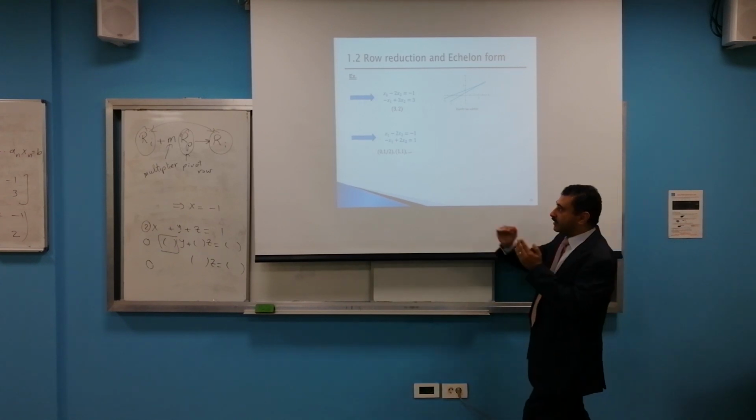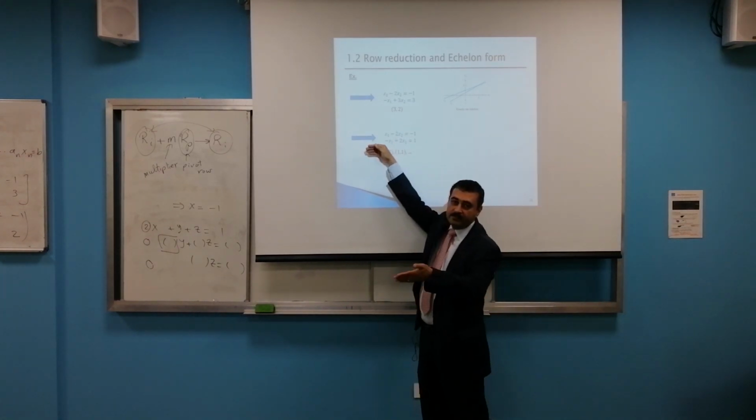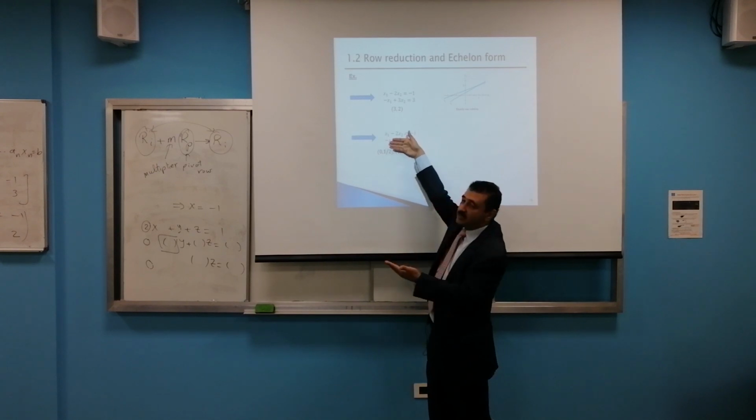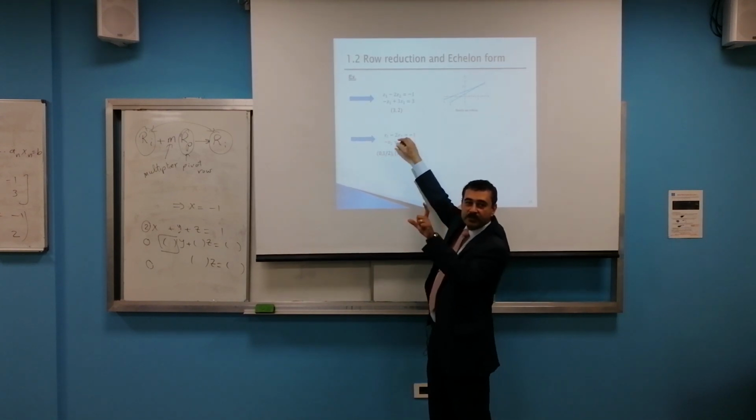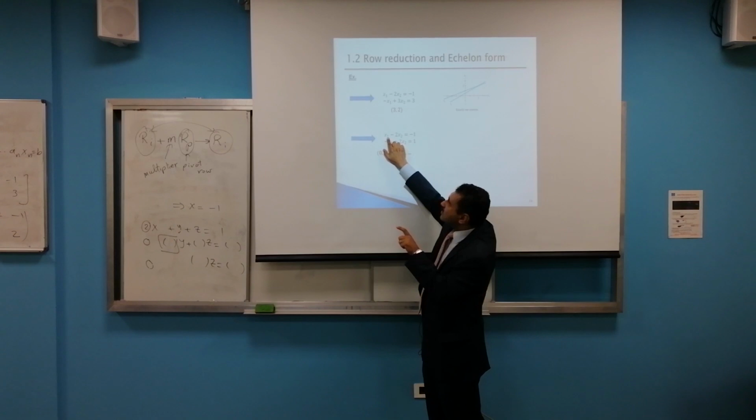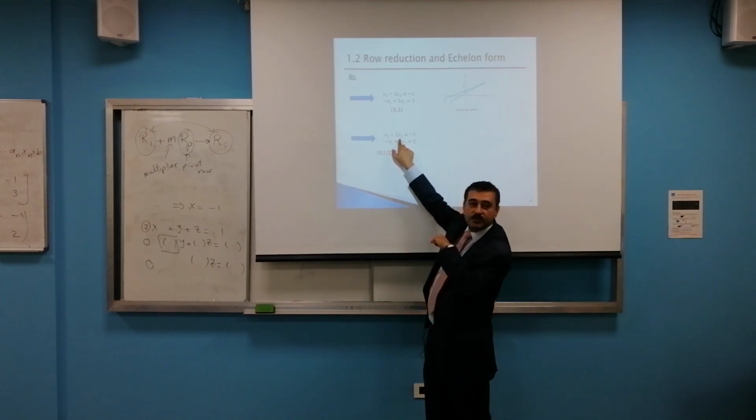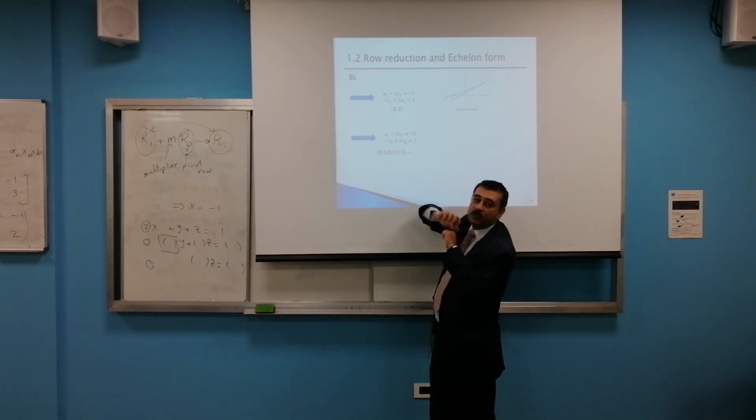ممكن نكتبها ازاي بقى؟ احنا قلنا الايكويشن الثانيه دي redundant. Didn't add any more information, so we have only one equation. So you can say that x1 equal 2x2 minus 1.